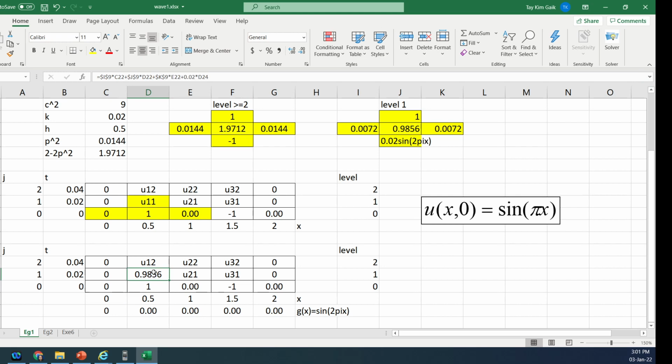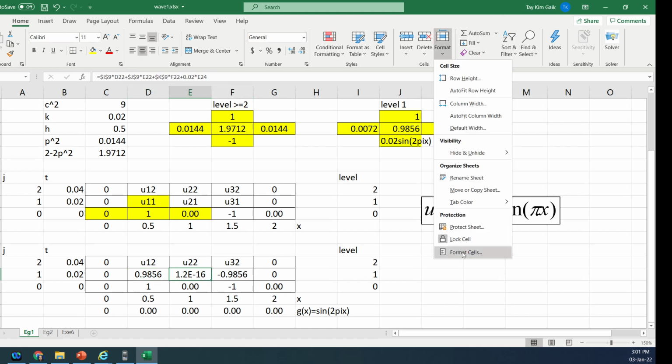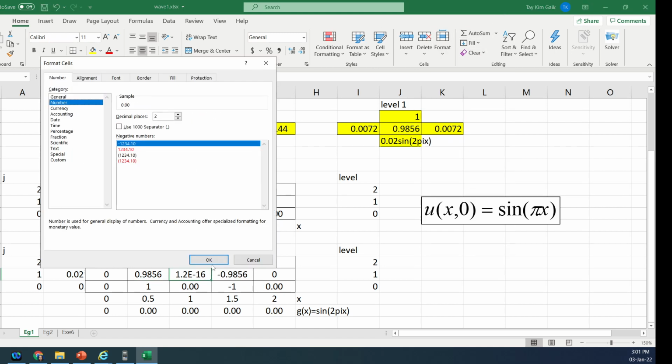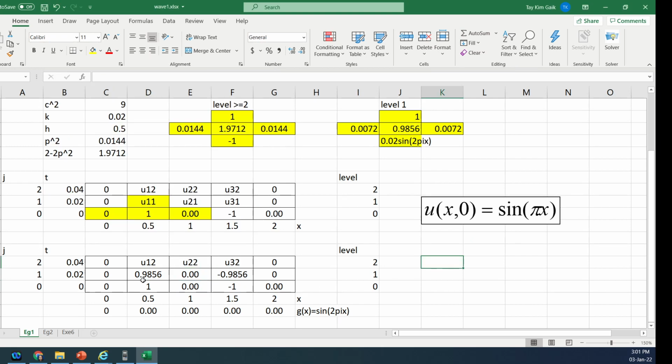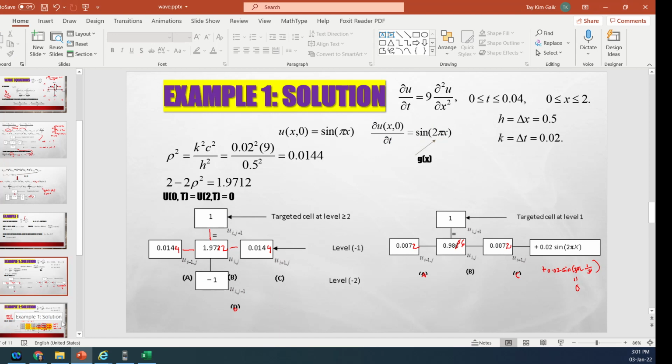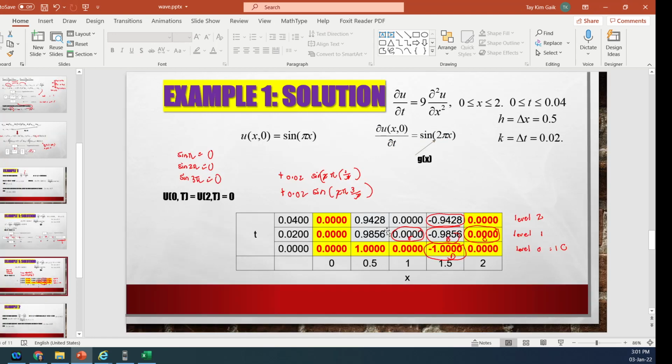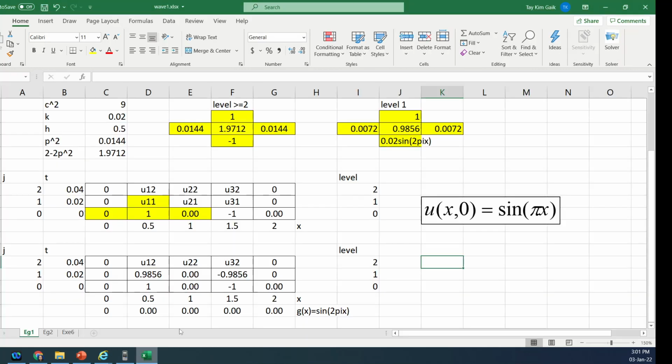Then I get 0.9856. And then I just copy it to the right hand side. This cell you may format, change to number, so you get here. You can see it tallies with what you obtained manually, but it's much faster.